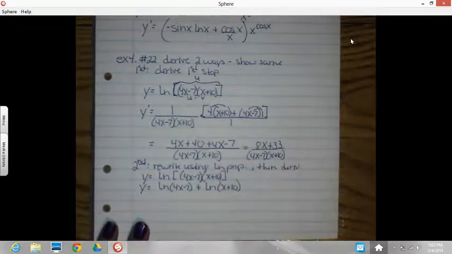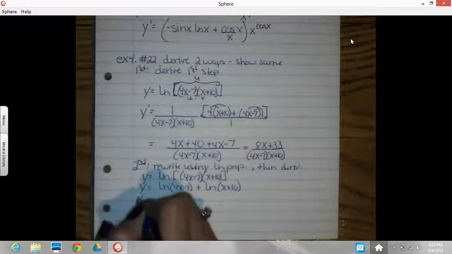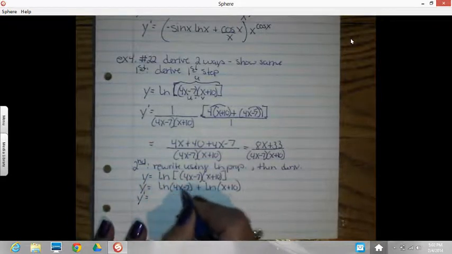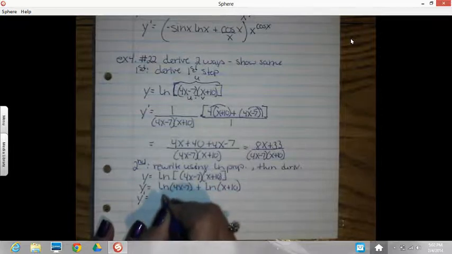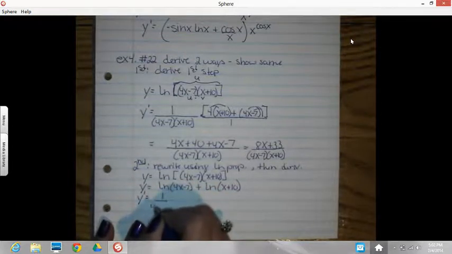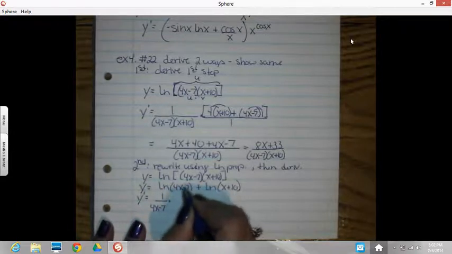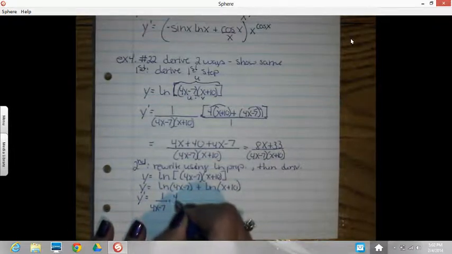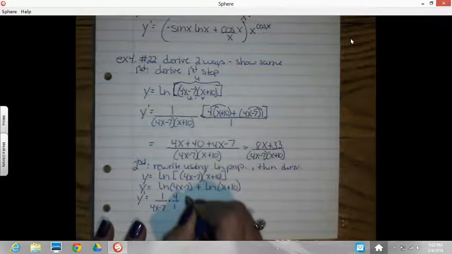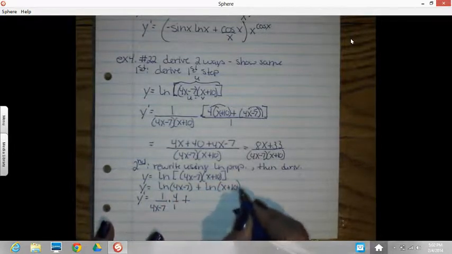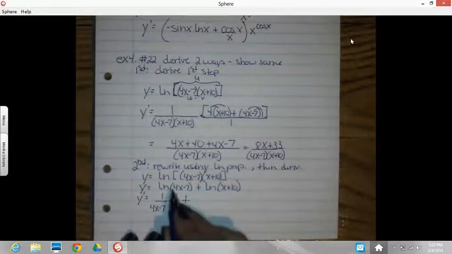Now I'm ready for derivative. So y prime equals this derivative first. This is my u, so it's 1 over 4x minus 7 times the derivative inside here. Derivative is a 4. Plus, now I'm on to the second term. Notice I'm not doing a product rule here because I've got a log plus another log.